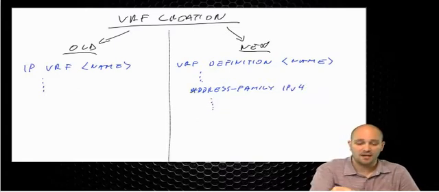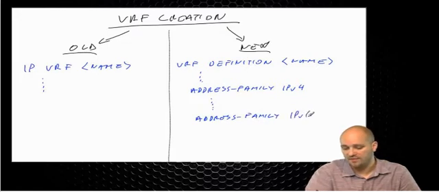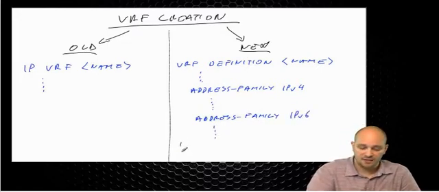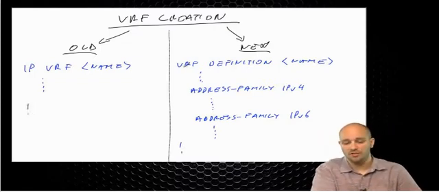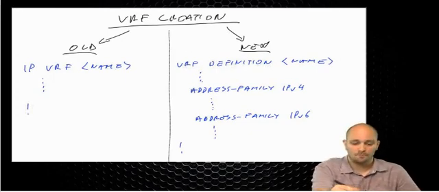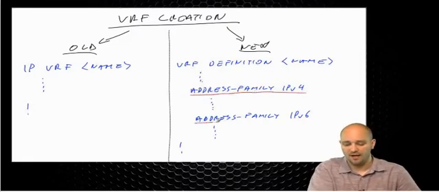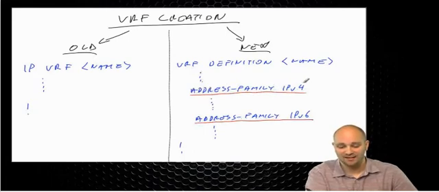Now, the idea behind this new way of doing things is that you can use this new format to support IPv6 VRFs. You can use either one, but remember that if you are using the new format with vrf definition, you need to pay attention to address-family ipv4 or address-family ipv6, because without it, it's not going to be active in that address family.